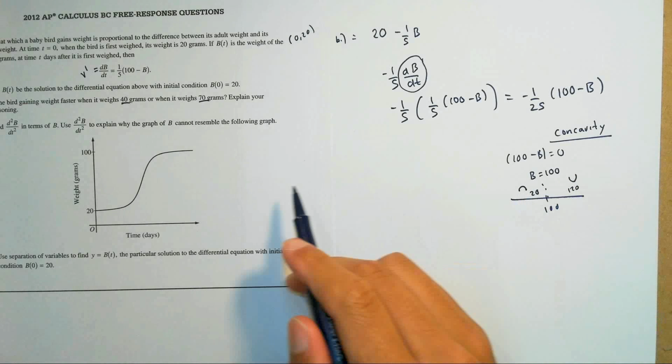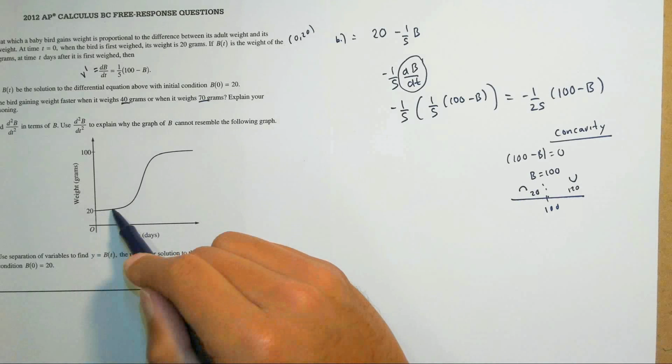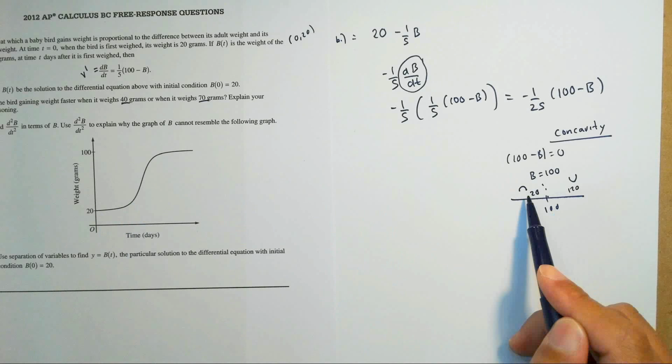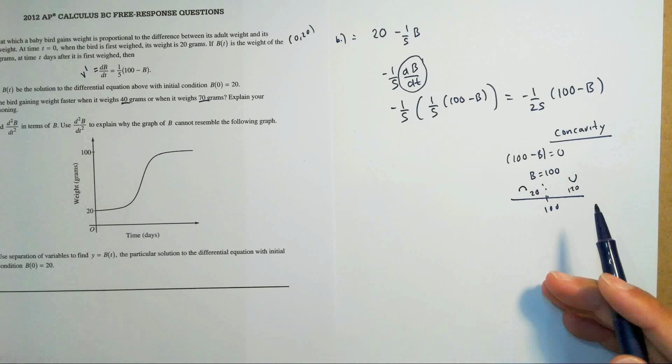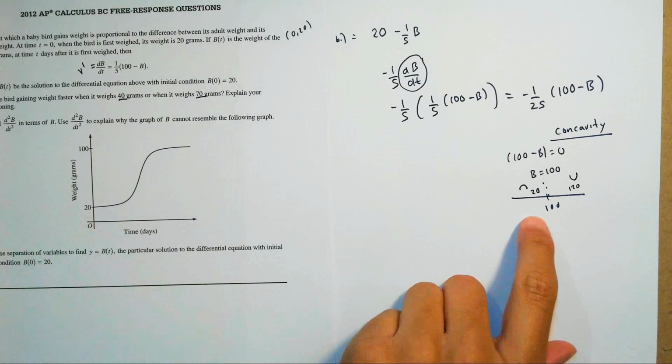But look at your graph. If this is the original function, the fact that this is going up means it's concave up. But what is this saying between 0 to 100? This has to be concave down. So what this means is this graph doesn't really resemble the same graph, because a portion of it is concave up and it's telling us that it should be concave down.